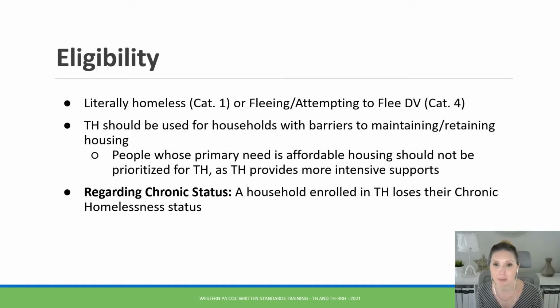They may be provided a bed in a TH facility for up to 7 days if emergency shelter and hotel vouchers are unavailable. During these 7 days, they are not enrolled in the actual transitional housing project, and they do not lose their chronic status. There is more on this in the written standards themselves.